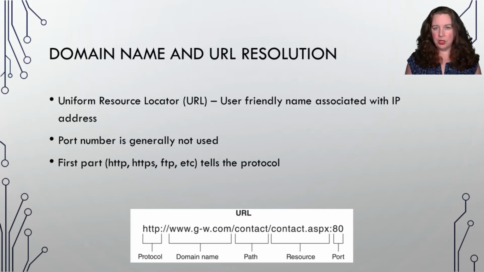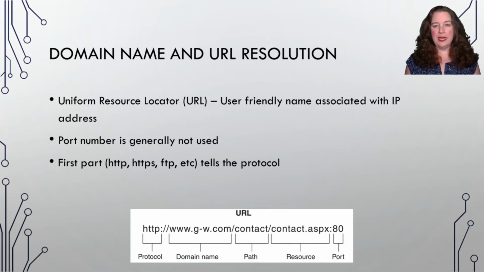If I wanted to use FTP with my GW site, I could do an FTP www.gw.com and then go to a specific directory, assuming that I could log in and access that FTP site. Some FTP sites are public, they're available to anybody. Some are private, behind a firewall, with some version of authentication.